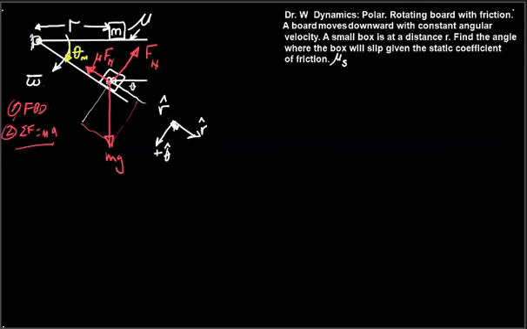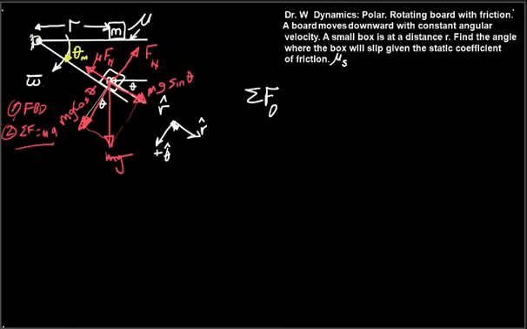We'll have a theta here and there. We have mg cos theta in this direction, and mg sine theta in the r hat direction. And we won't need to use the mg.